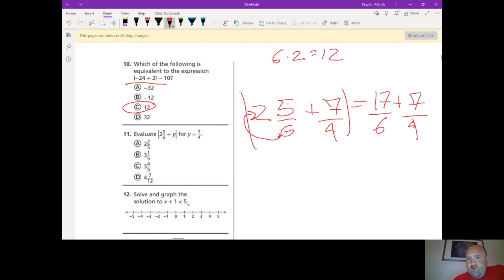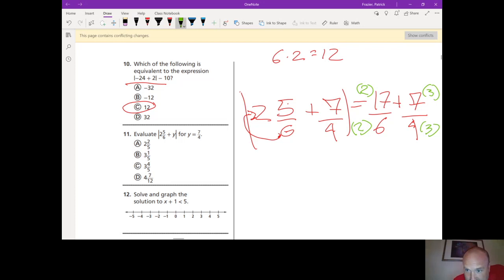And the question is, does 4 go into 12 evenly? Well, 4 times 1 is 4, 4 times 2 is 8, 4 times 3 is 12, so it does. So we would multiply both the top and bottom of the first fraction by 2, and the top and bottom of the second fraction by 3, because 4 times 3 is 12, and whatever we do to the bottom, we have to do to the top.